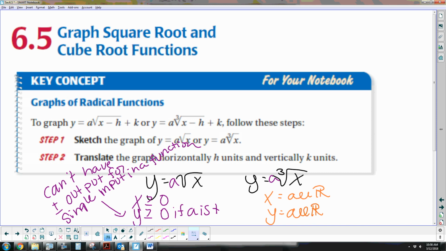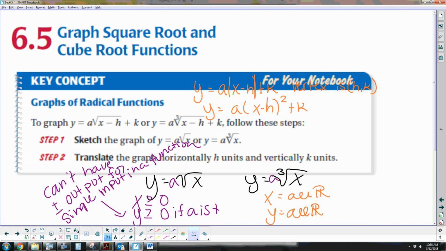That should remind you of an absolute value function where the vertex is h, k. Or it could remind you of a quadratic function in vertex form, where again the vertex is h as your x coordinate and k as your y coordinate.